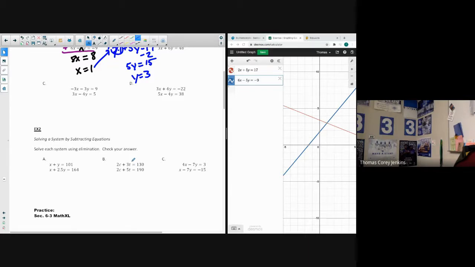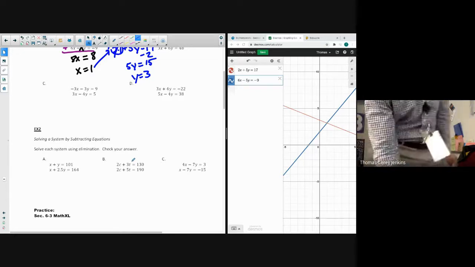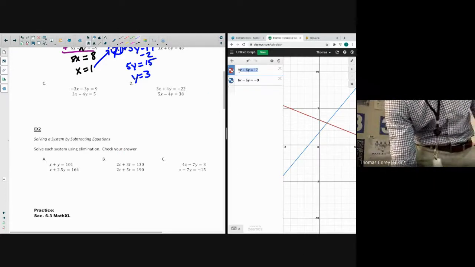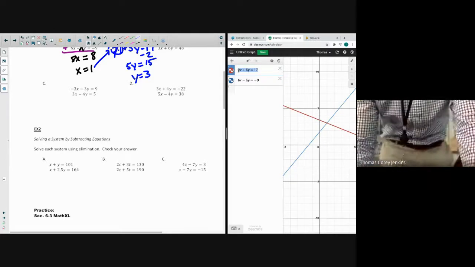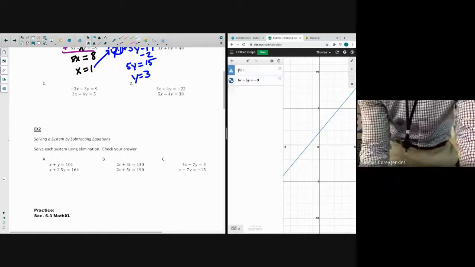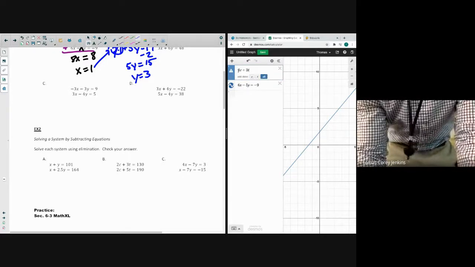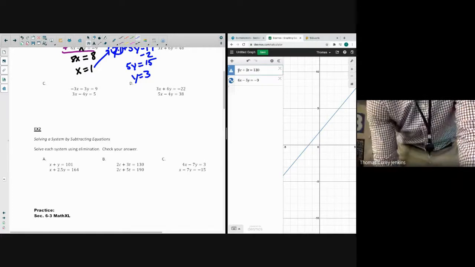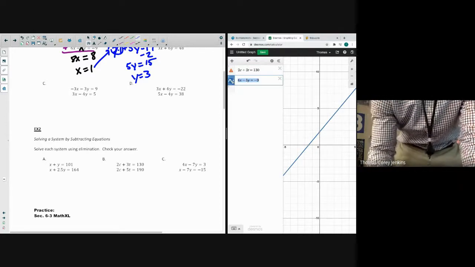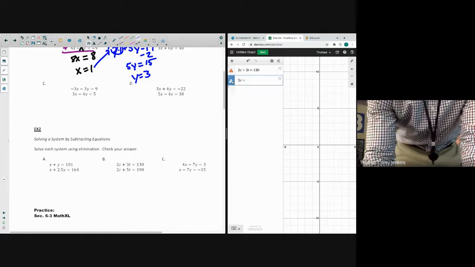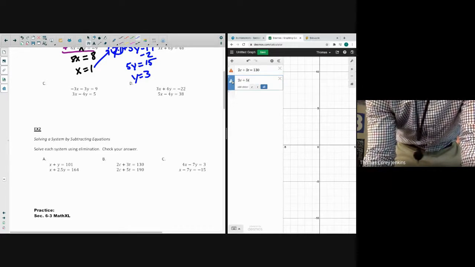Let's go ahead and start there by inputting those equations into Desmos. I'm going to try using the variables c and t. 2c plus 3t equals 130. And then 2c plus 5t equals 190.